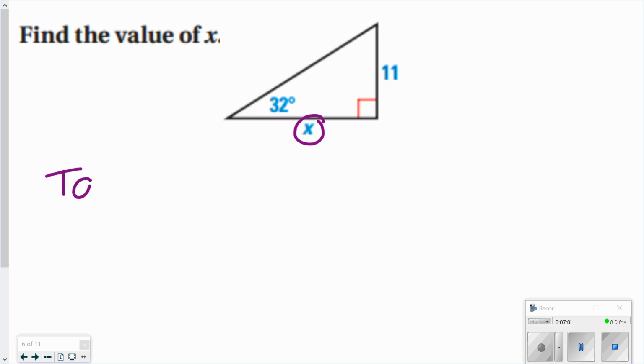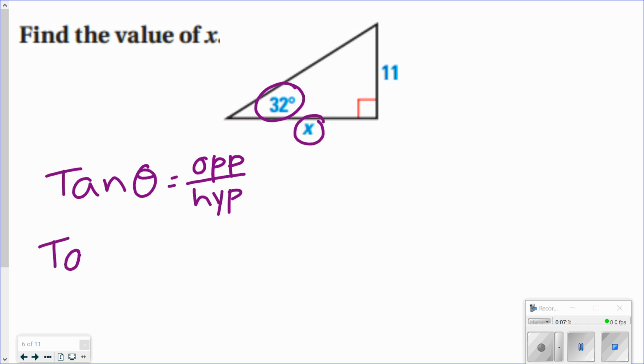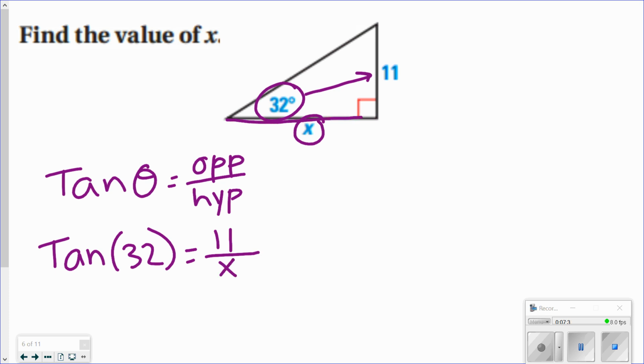So tangent of theta is equal to opposite over adjacent. Well, what is my theta, or angle measure? It's 32. So tangent of 32 is equal to, what's the opposite side? It would be 11 over, what's the adjacent side? It would be x.